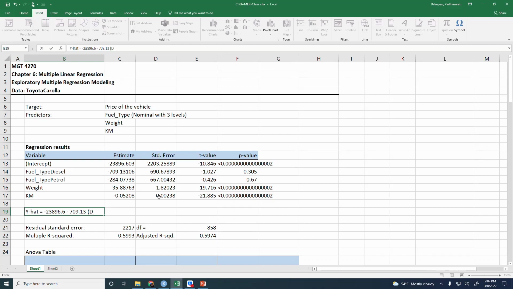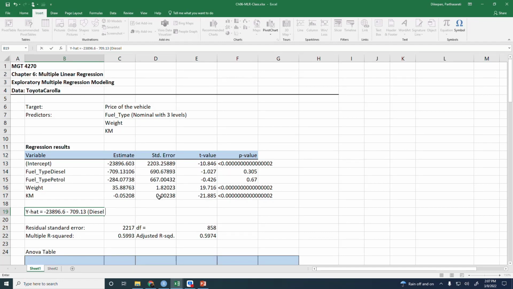Okay, so I'll just say diesel. Well, there are three categories. You need only two dummy variables. So it automatically created a dummy variable for diesel and petrol and left out CNG.